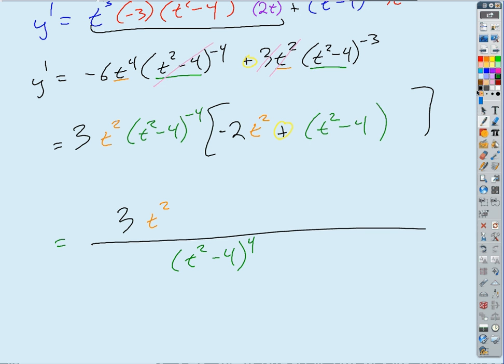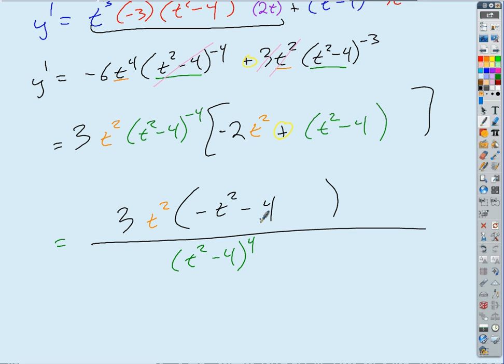And then what's happening to this whole thing in here? You're getting a negative 2t squared plus t squared, which is a negative t squared minus 4. Do you agree? And what should I probably do with that?